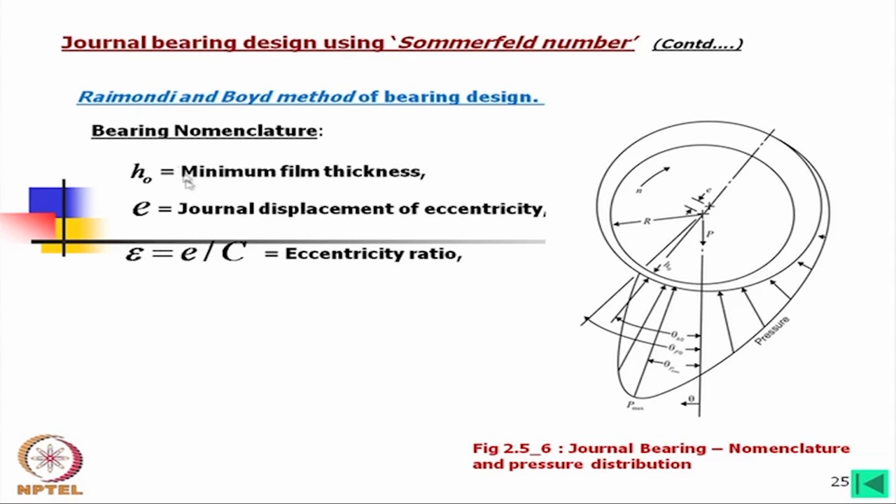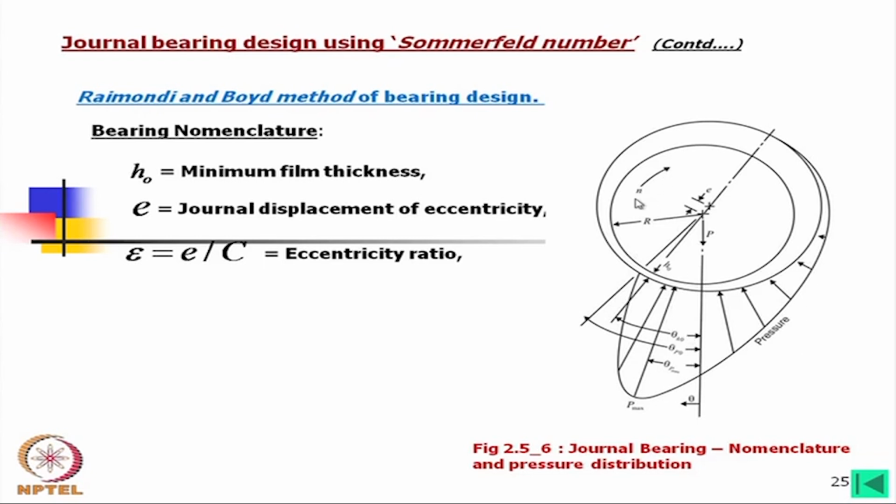Now, everything will be defined in this form. This means that if we solve a practical case, we have to find what the minimum H 0 is, and how much the eccentricity ratio is, which will give us a clear idea whether pressure generation will be there or not.